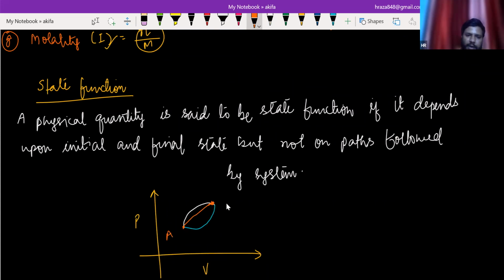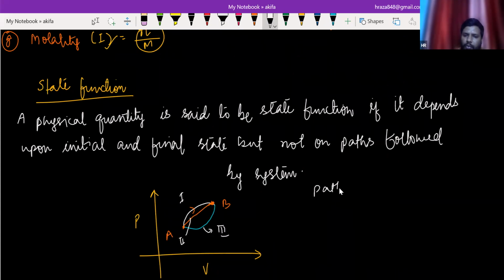This is basically A, B, and we have three paths. First, here the second, and here the third path.